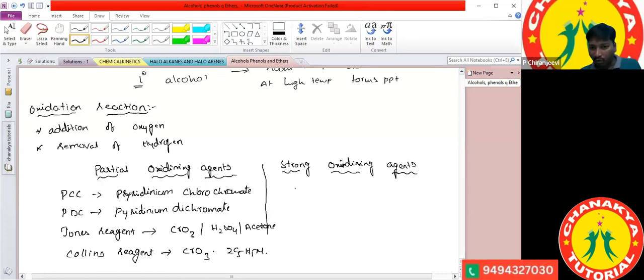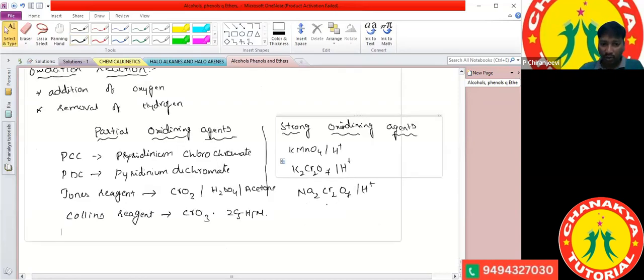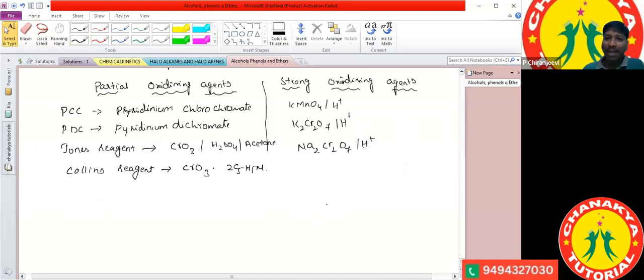Acidified KMnO4, and acidified K2Cr2O7 also act as strong oxidizing agents. To confuse you, sometimes in place of potassium dichromate they give sodium dichromate, Na2Cr2O7, in presence of H plus.